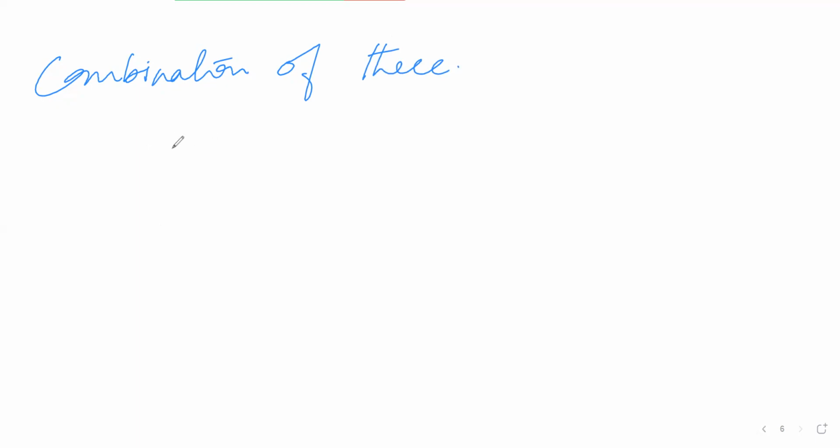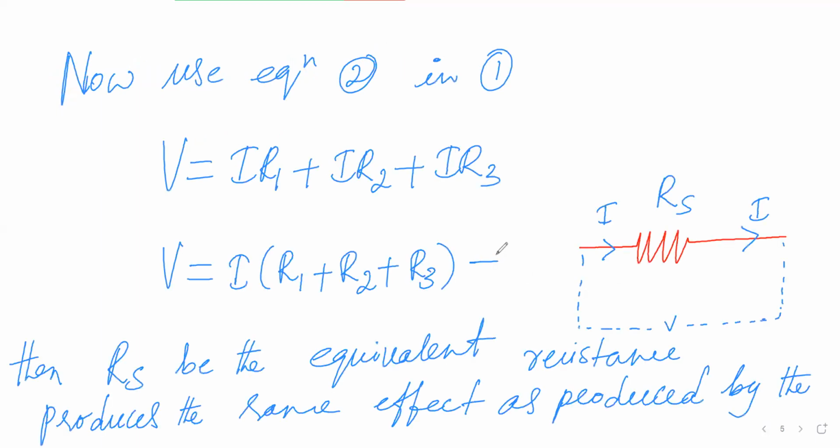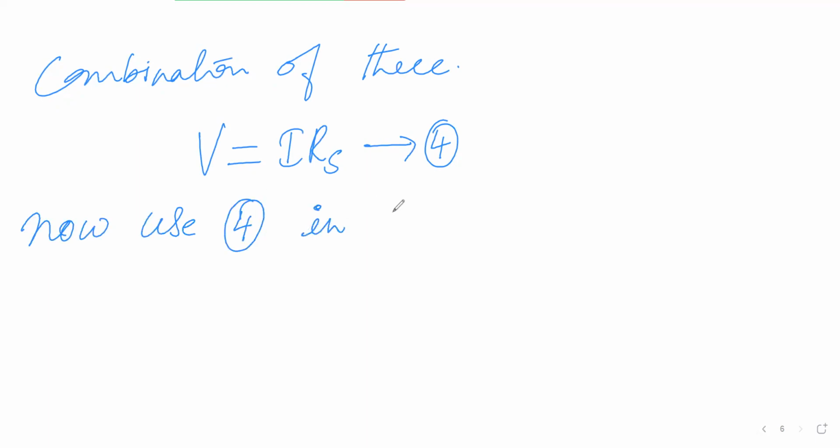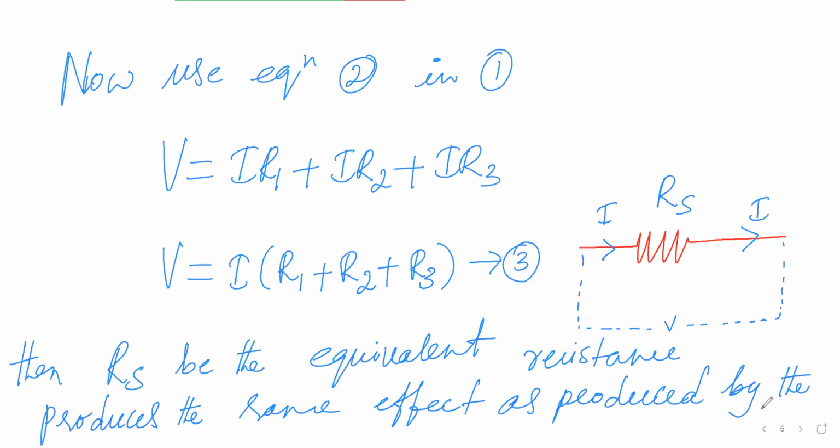Now from Ohm's law, we know that V equals I RS. We call this equation number 4. Now use 4 in 3.